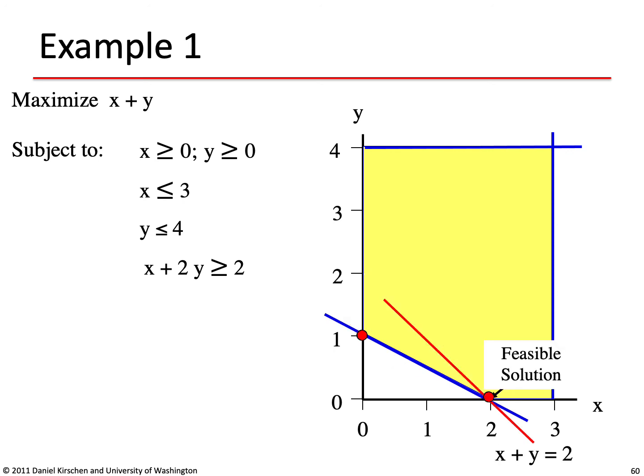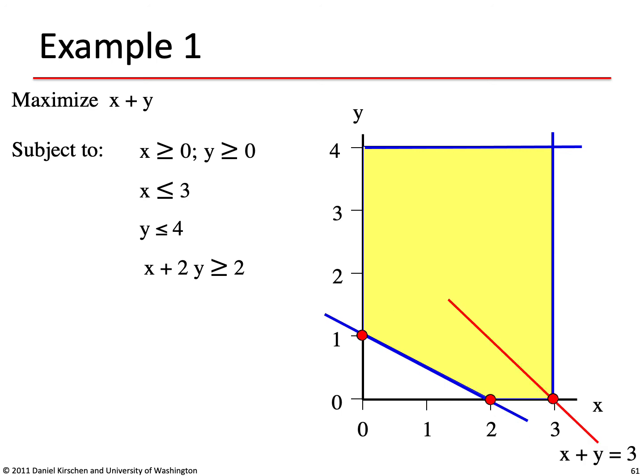This is a feasible solution, and the value of x plus y at that solution is 1. But if I move the red line a bit further from the origin, I find the point x equals 2, y equals 0, which is also a feasible solution because it is on the feasible set and it has a higher value of the objective function, x plus y equals 2.